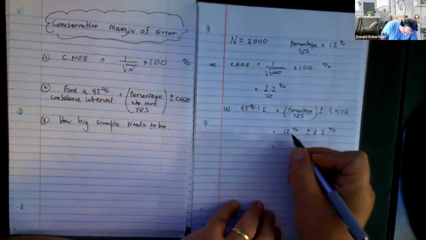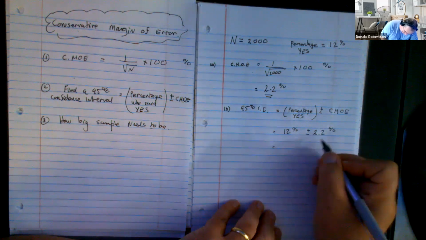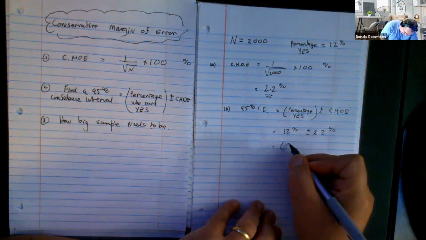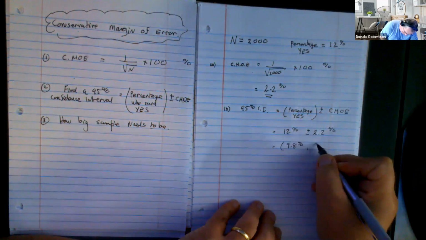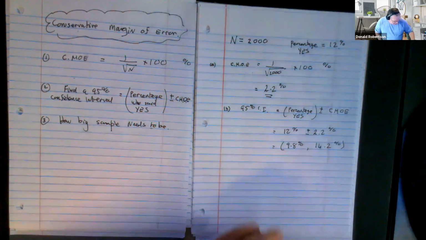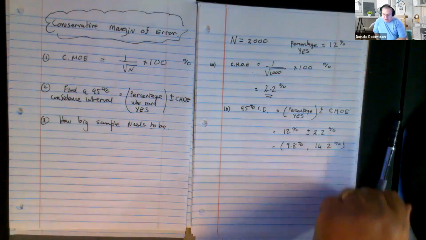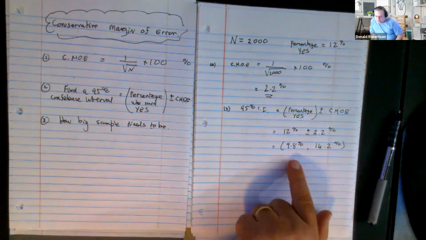If you take 12 and add or subtract these, you get your interval. Taking it away, it could be as low as 9.8%. If you add it, it's 14.2. So you could look at that interval and say, we're pretty sure that the percentage of the entire American population that has been to Scotland is somewhere in this range.